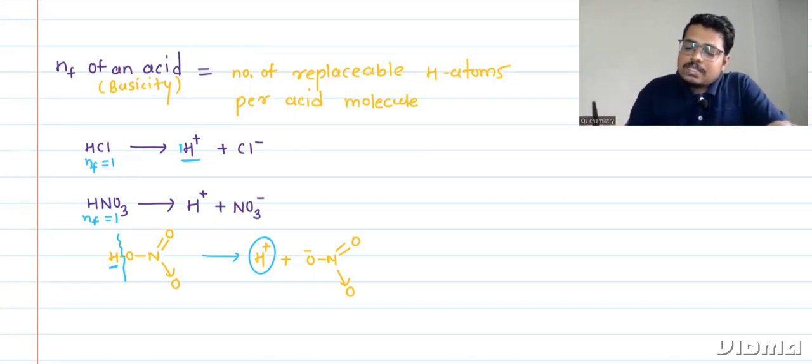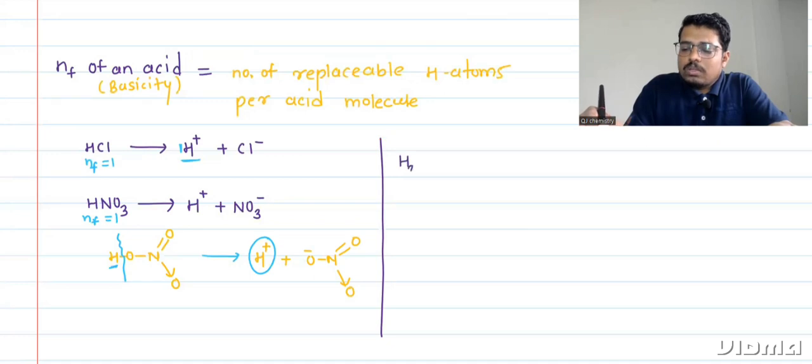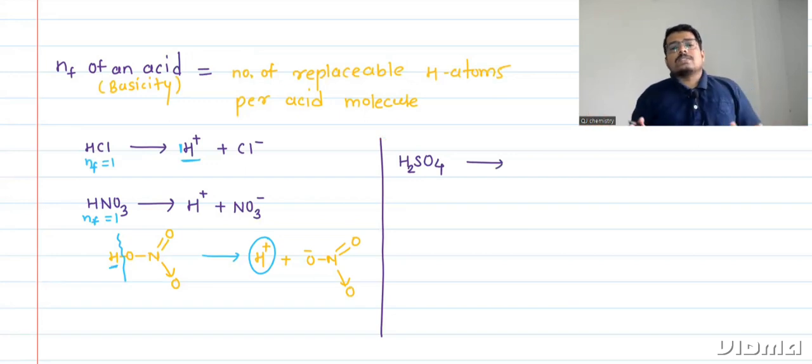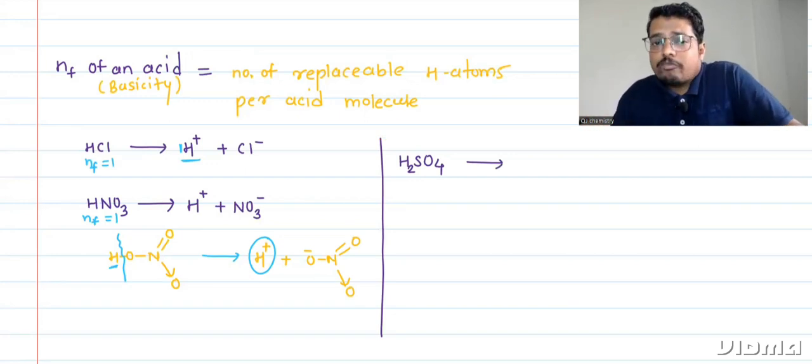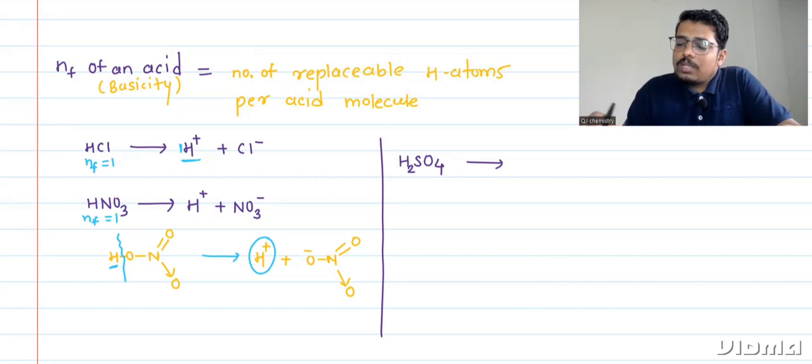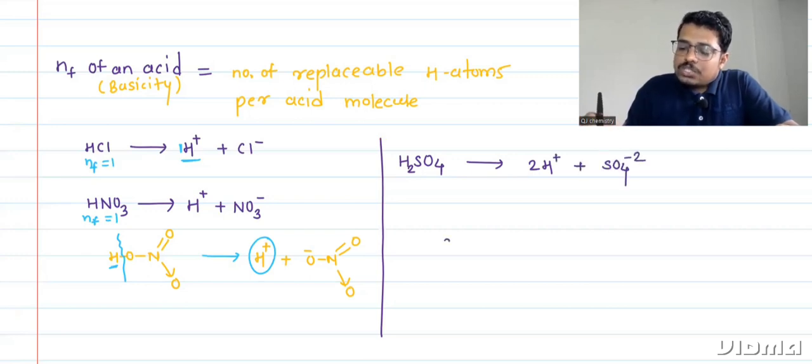Next example is H2SO4. Let us find how many hydrogen ions can form on dissociation of one H2SO4 molecule. H2SO4 on dissociation gives 2H+ ions plus sulfate ion. This is the actual structure of H2SO4.